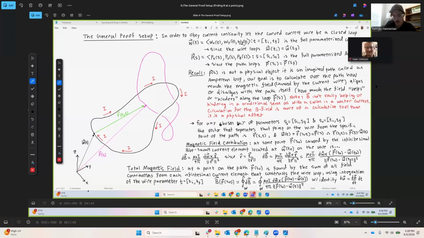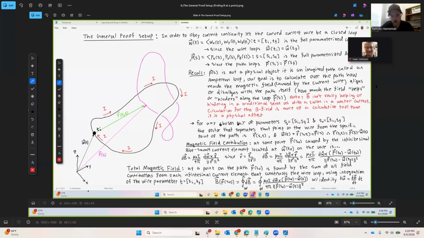We allow t, the parameter that sweeps out the wire, to run from t initial to t final, and that is a full parameterization of the curve. So if this is when t is t initial, we run the parameter t, it sweeps out our wire, and by the time we've done one full loop, our parameter is at t final. That's the setup for how you can tell where the wire is.